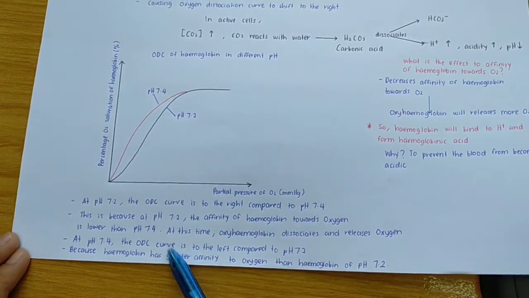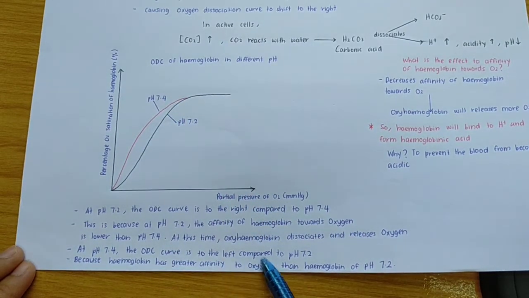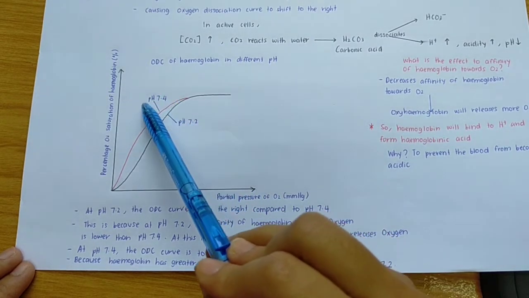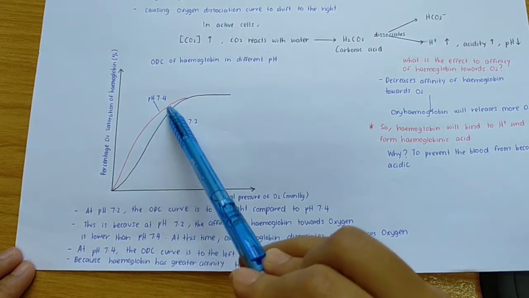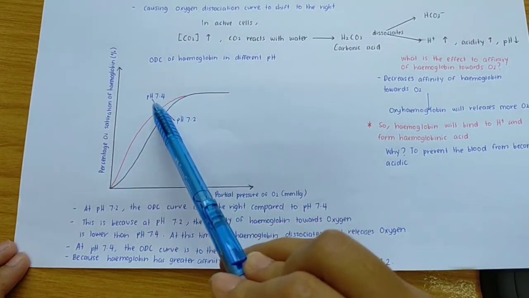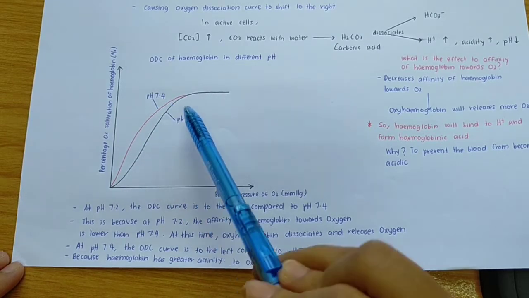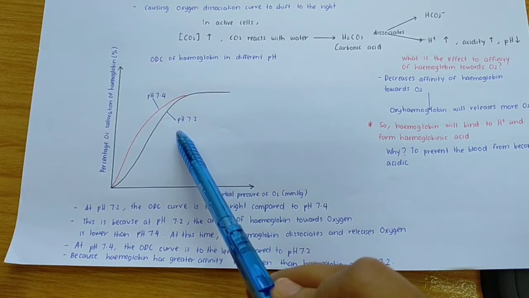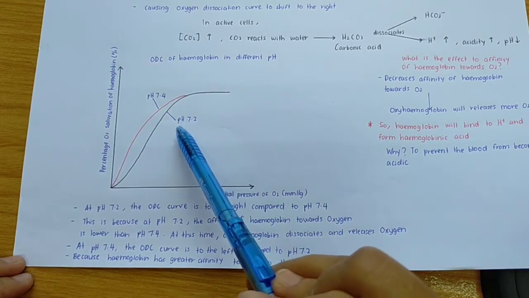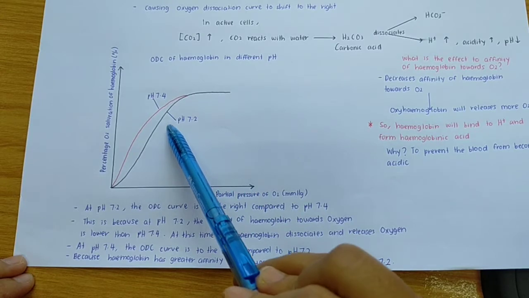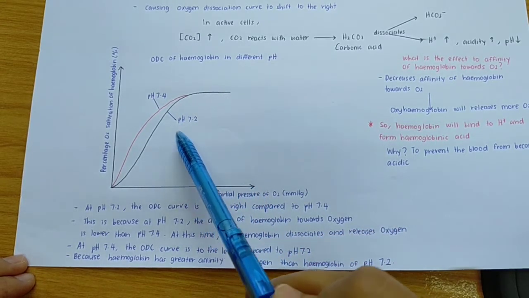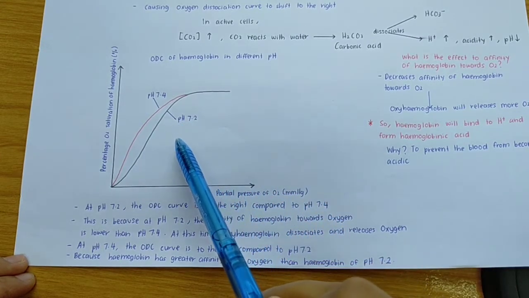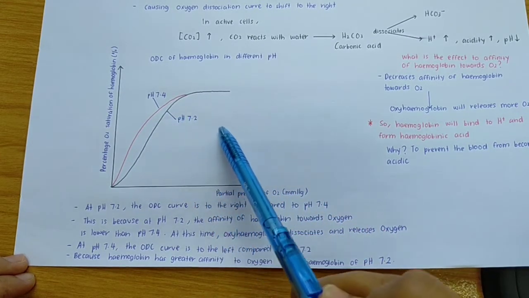So bila kita kata hemoglobin has greater affinity to oxygen, it means that the affinity of hemoglobin towards oxygen at pH 7.4 is high compared to pH 7.2. So as a conclusion, untuk pH yang lebih rendah, maksudnya kalau dia lebih acidic, the affinity of hemoglobin towards oxygen is low, and also oxyhemoglobin dissociates and releases oxygen, and less hemoglobin will bind to the oksigen.